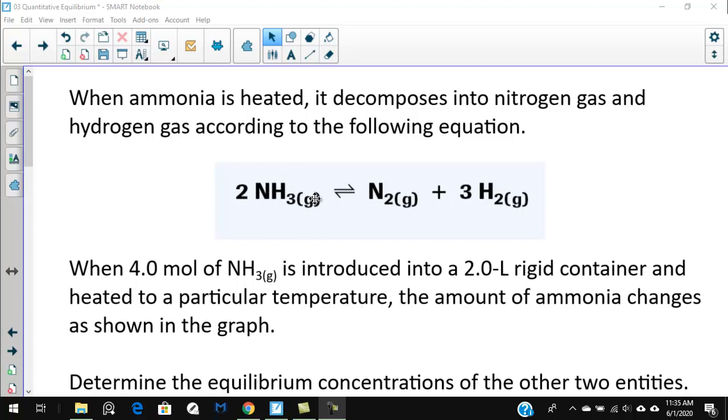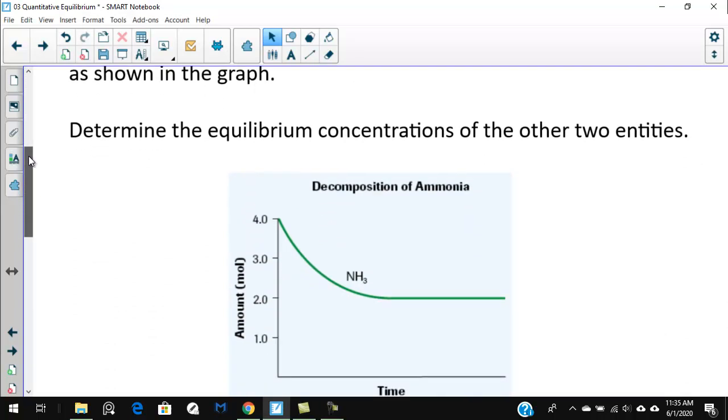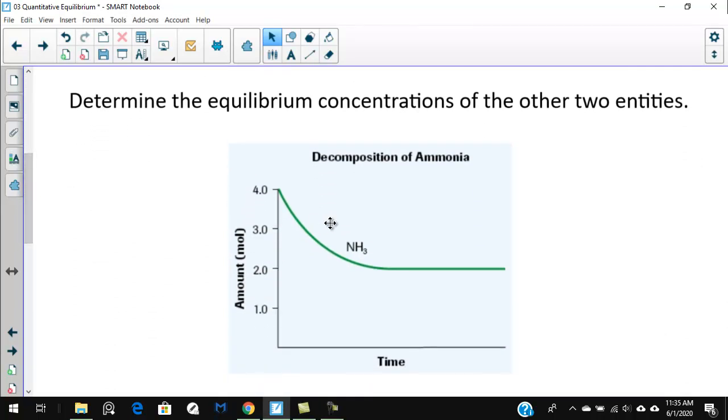So we have NH3 in equilibrium with N2 and H2. And if we put 4 moles of NH3 into a 2-liter container, we get a graph of NH3 concentration that looks like this, which is similar to what we were drawing last week, where we start out with just the ammonia.